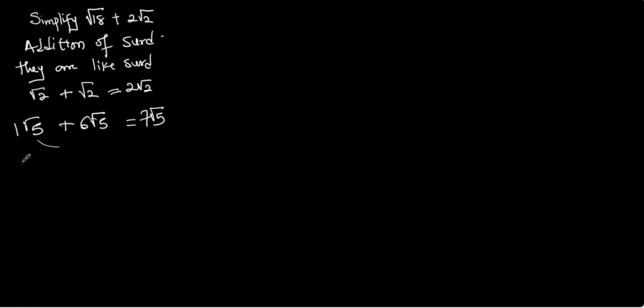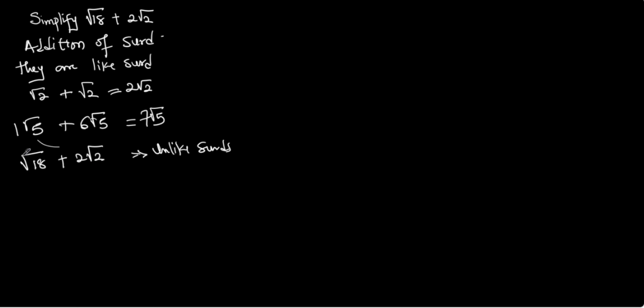Now, in a situation where we are having root 18 plus 2 root 2, these are obviously unlike Surds, right? Because 18 is the number in the first Surd, while 2 is the number in the second Surd.